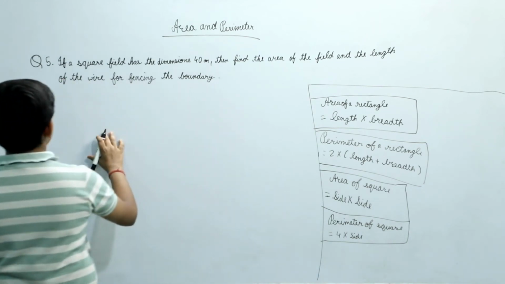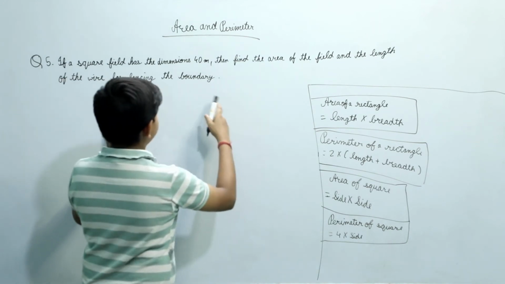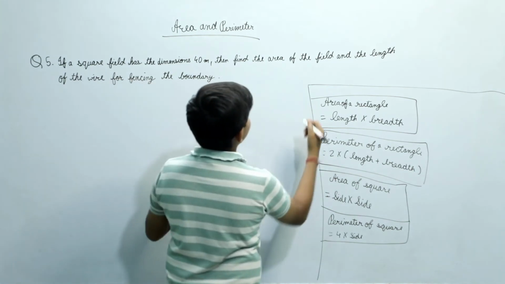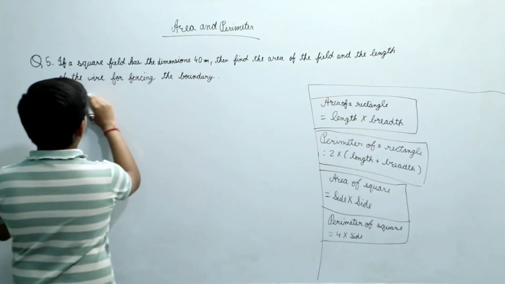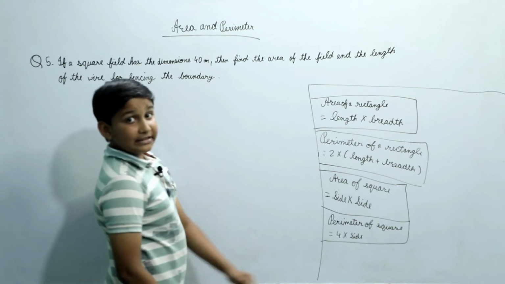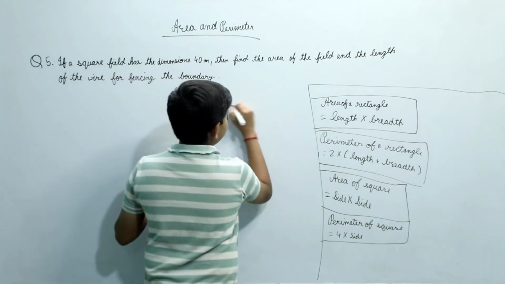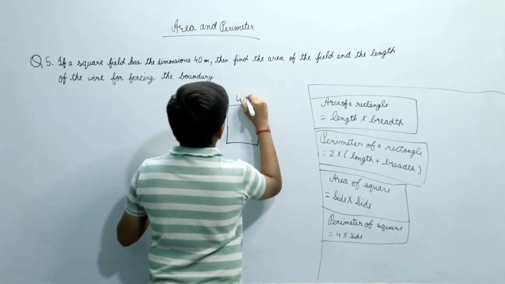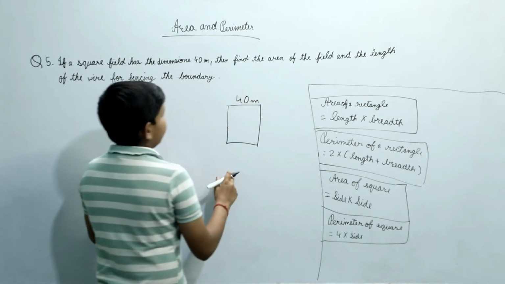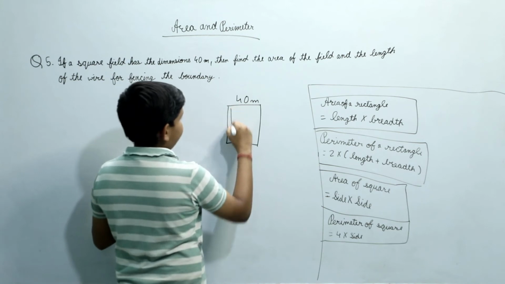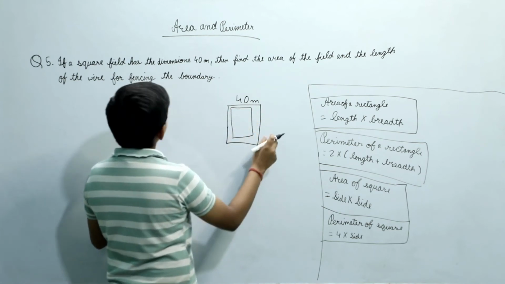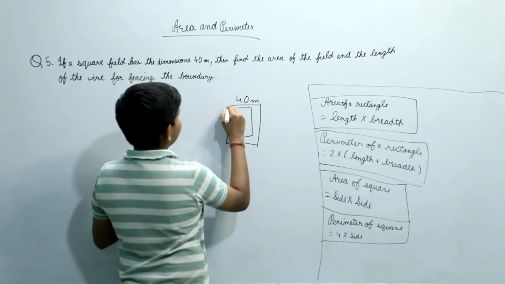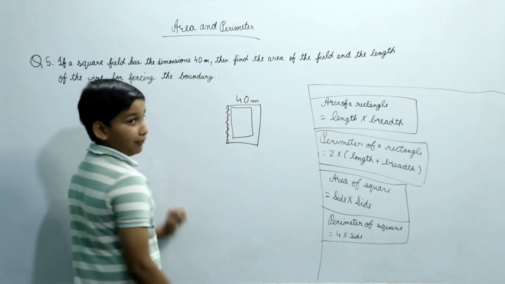Our next question is, if a square field has the dimensions 40 meters, then find the area of the field and the length of the wire for fencing the boundary. What this question means is that there is a square field whose dimensions are 40 meters. We need to find the area of the field and the length of the wire for fencing the boundaries.